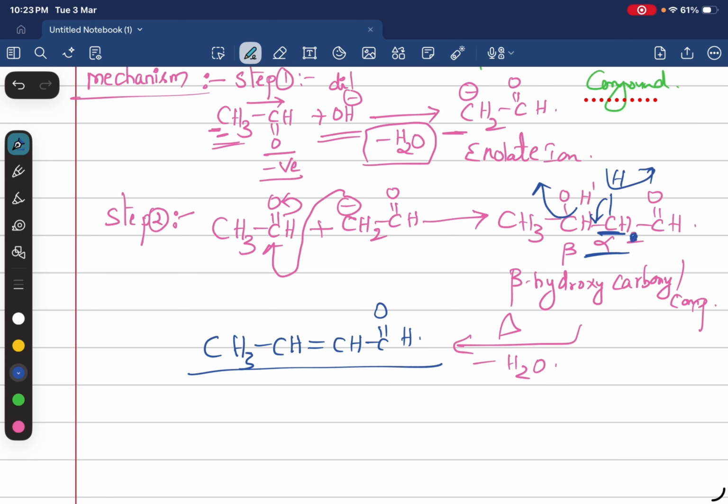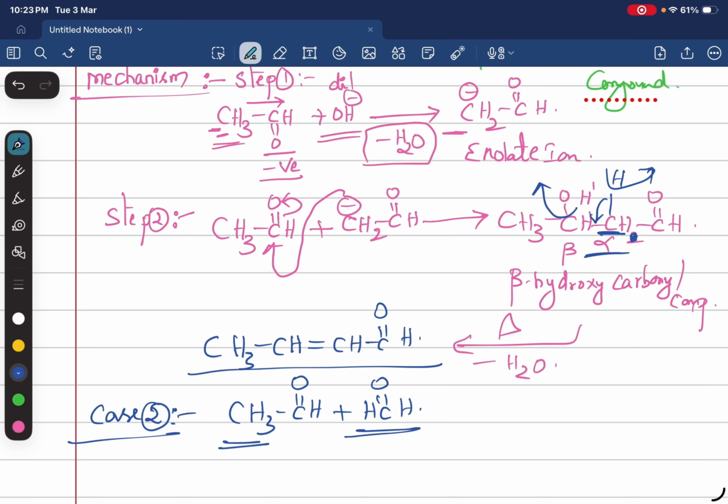This is case 1. Case 2 is where only one of the carbonyl compounds has alpha hydrogen. Suppose you take CH3 CHO plus HCHO. Here this one has alpha hydrogen, this one doesn't have an alpha carbon itself.